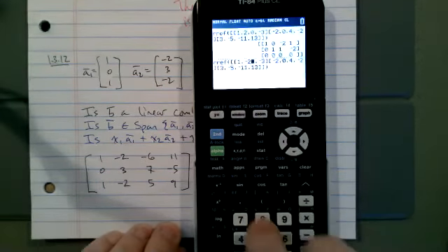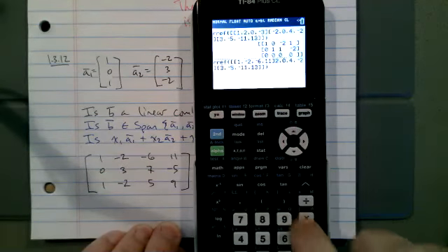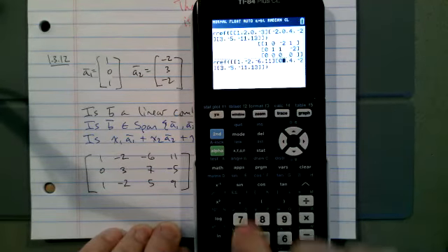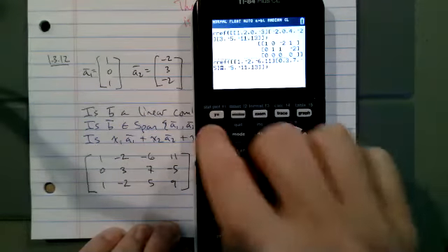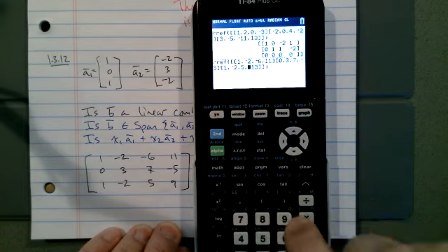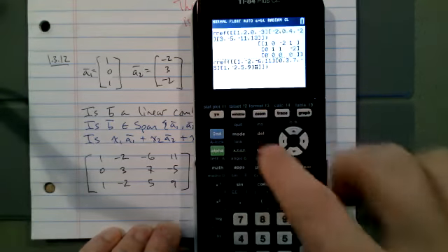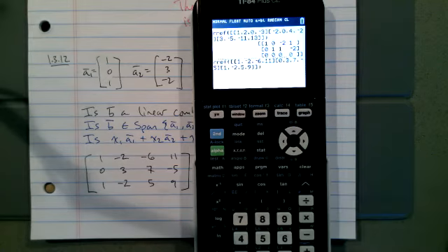So 1, negative 2, negative 6, 11, open, and then 0, 3, 7, negative 5. Close that one, open the next one, and then 1, negative 2, 5, 9, close that one, and close the matrix, and then close the command and get rid of the extra stuff, and then check.